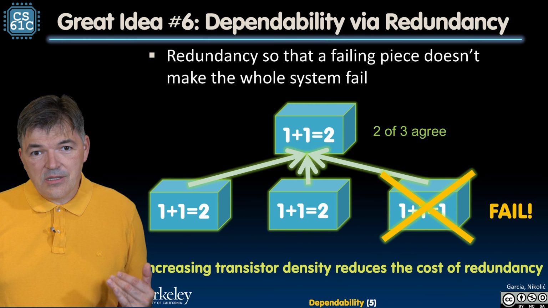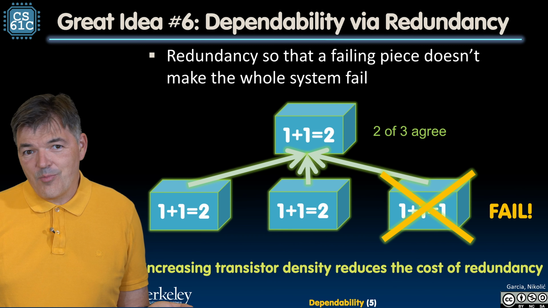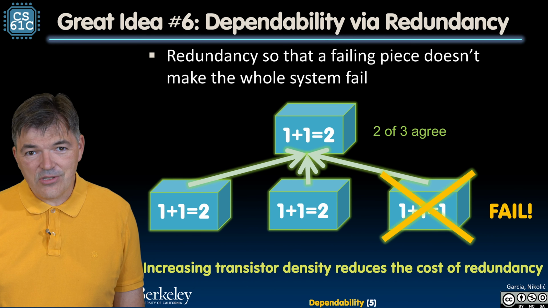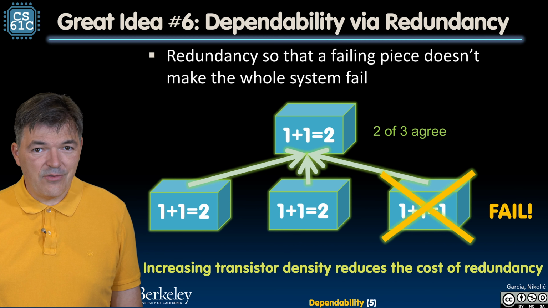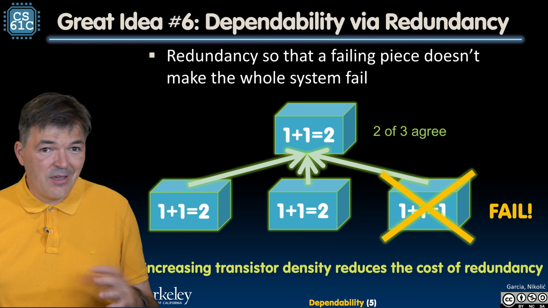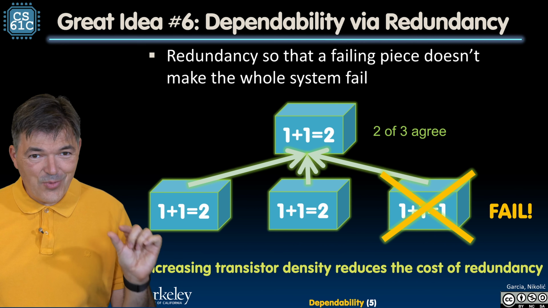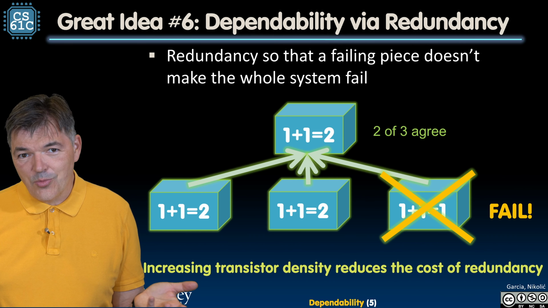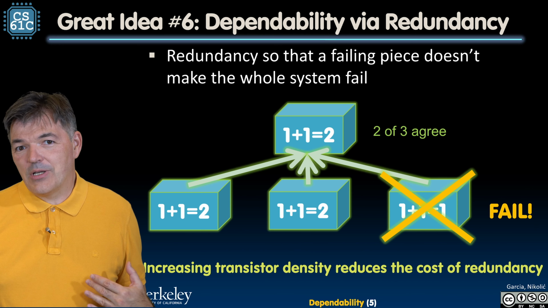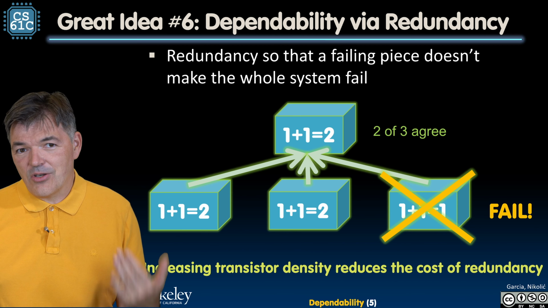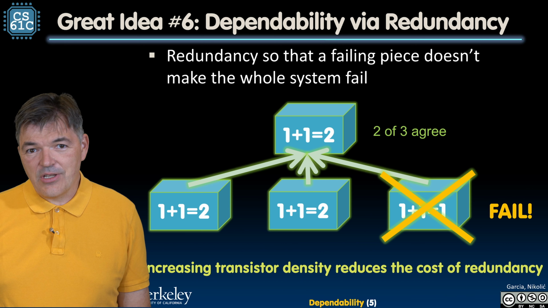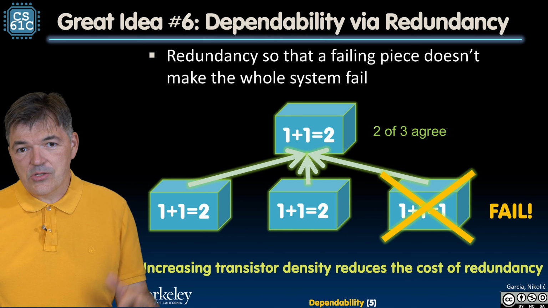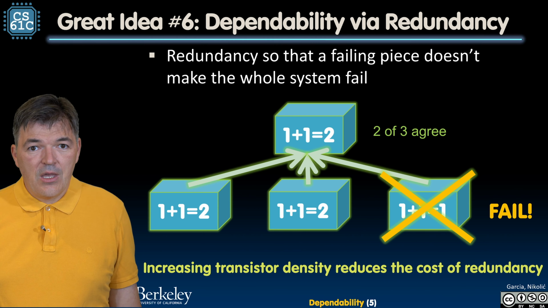This is made a lot easier by the advances in transistor integration densities, so we can have more of these components. Now there is another catch there. As the components are smaller, as the transistors are smaller, they have a tendency to more frequently fail. But the failure rate is not increasing at the speed at which we can integrate more of them, so we can add redundancy.